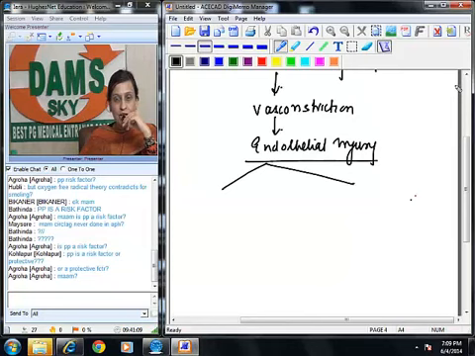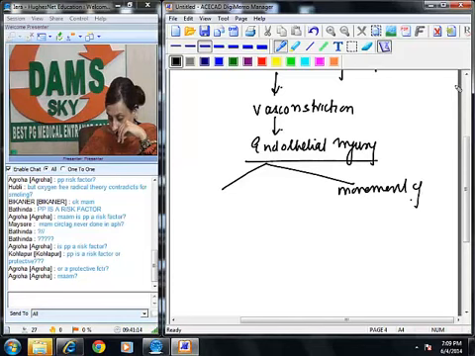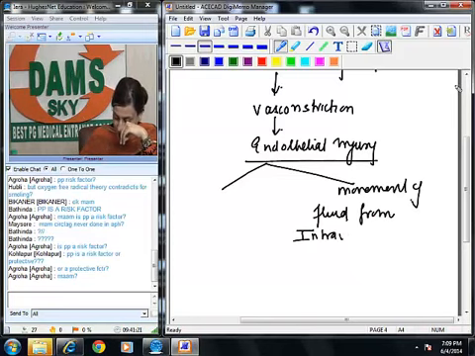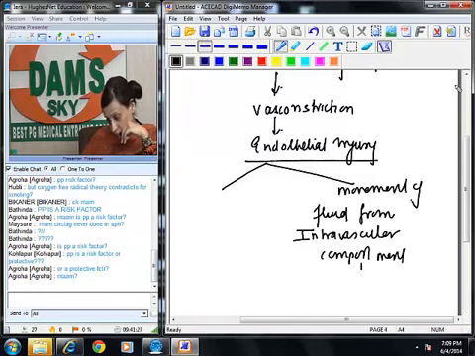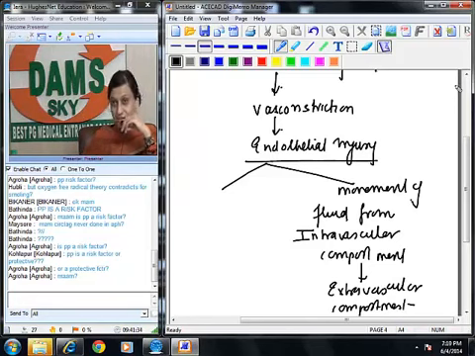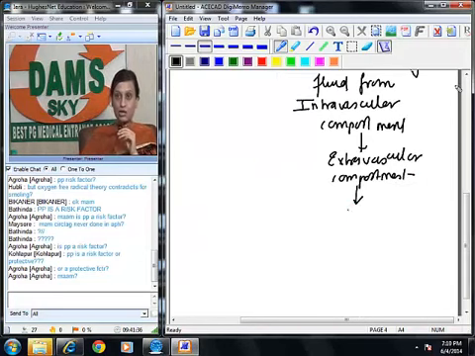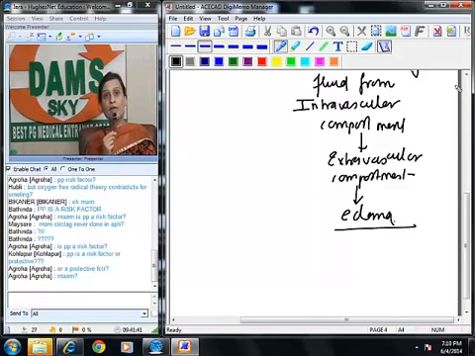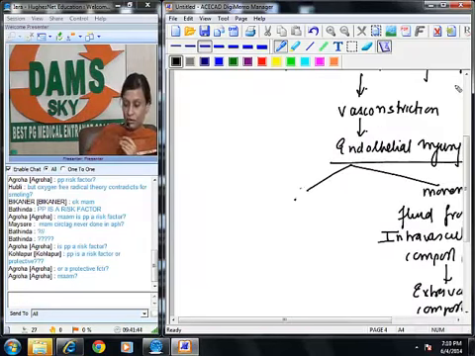Once there is endothelial injury, it causes movement of fluid from the intravascular compartment to the extravascular compartment, and therefore patients with preeclampsia usually have edema. This is the reason why they develop edema.